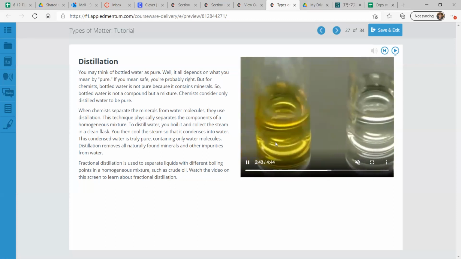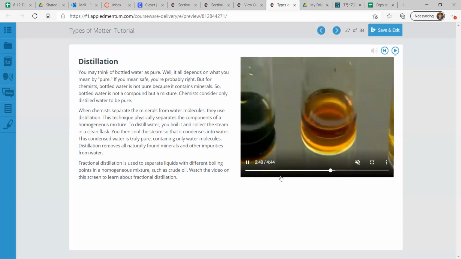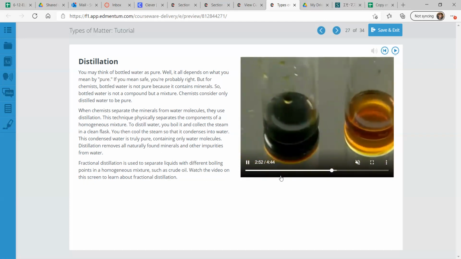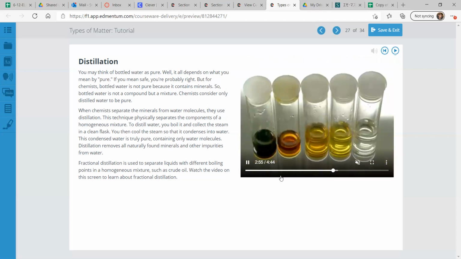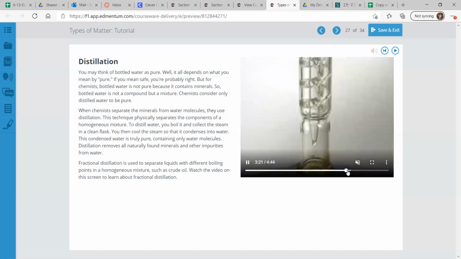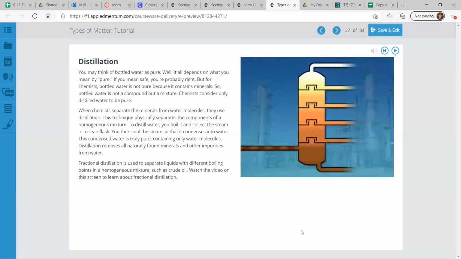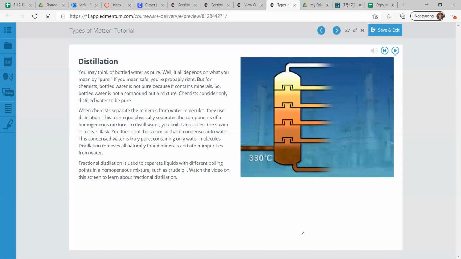You can separate the different substances because they have different boiling points. So you boil this out of it at this temperature, and then you boil this out of it at this temperature, and that's how you separate it out. And they do that at the large scale. So think of a refinery as just a giant version of this. And this is how they separate out the various hydrocarbons and make crude oil useful to us.